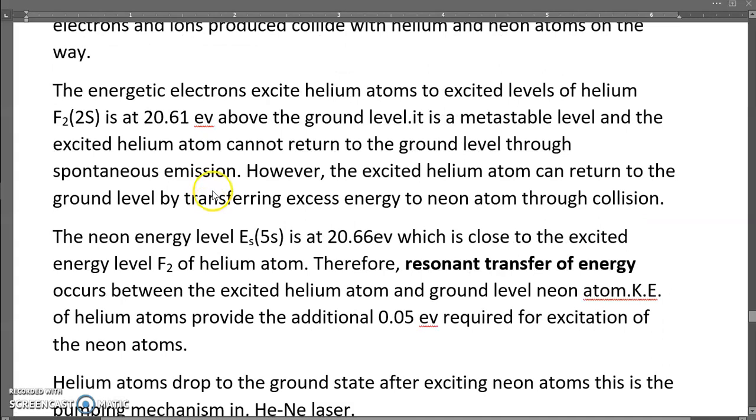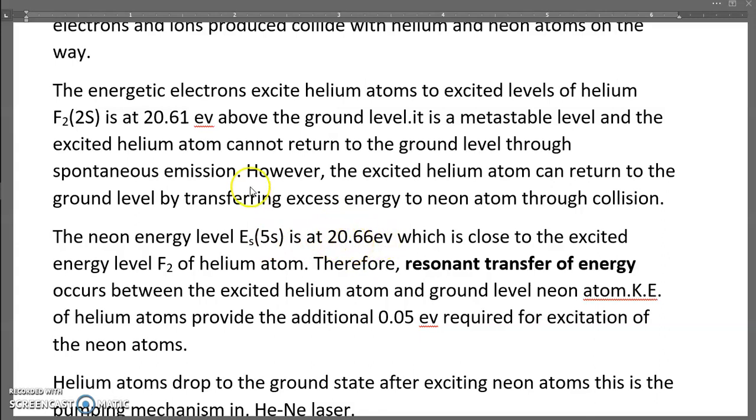Now we can see here in the diagram the excited level of helium atom is 20.61 electron volt above the ground level. However, the neon energy level E5 is at 20.66 electron volt.